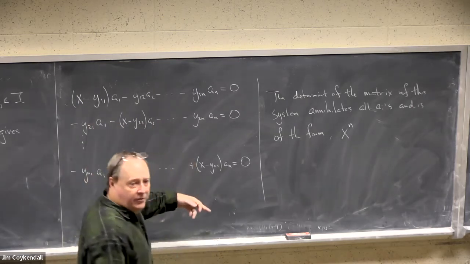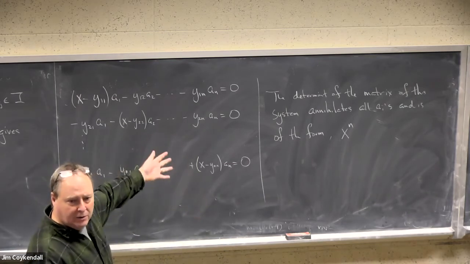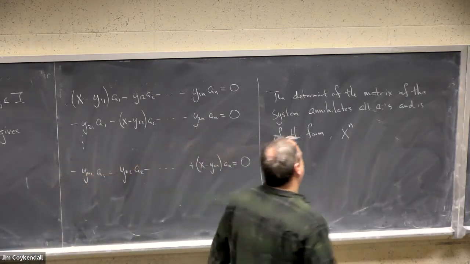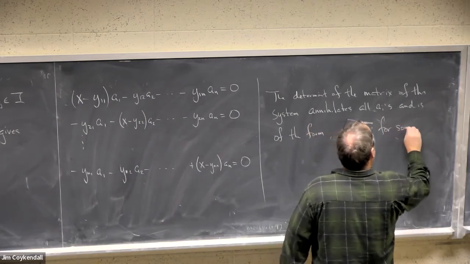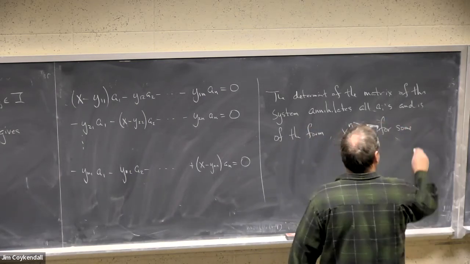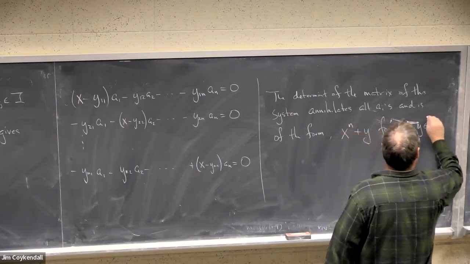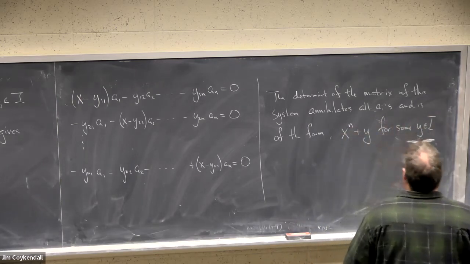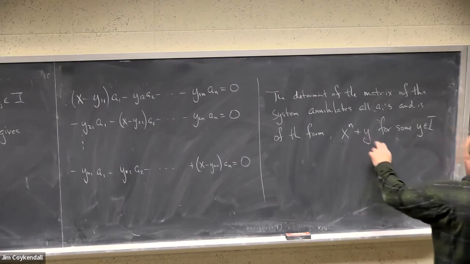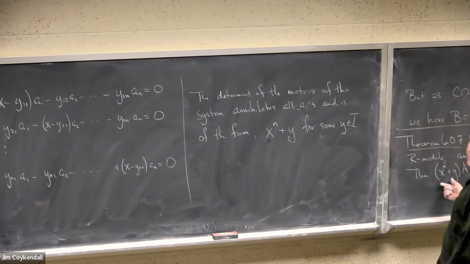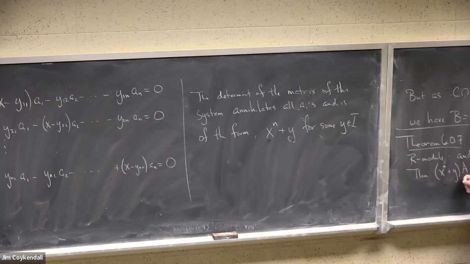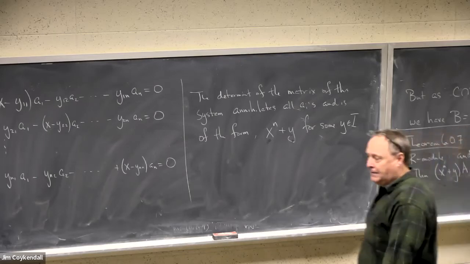Only the X to the N is naked, everything else picks up a factor of Y. And that's all we need, because X to the N plus Y is of the claimed form here. And it annihilates all the A_i's, so it's going to kill all of A, all the finite N generators.